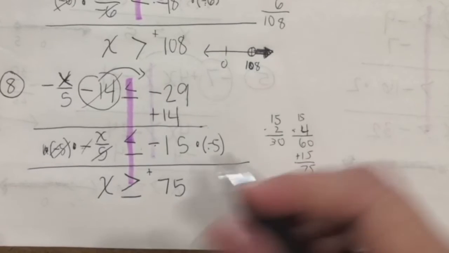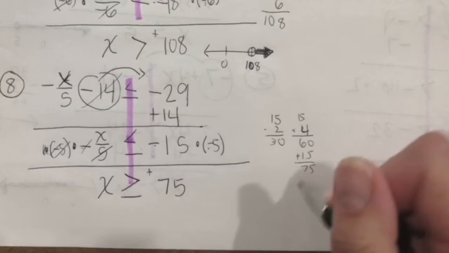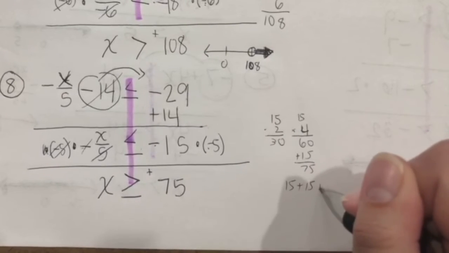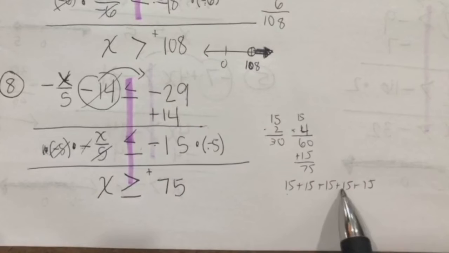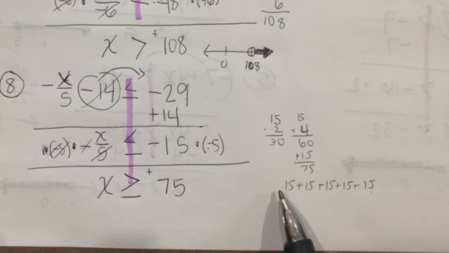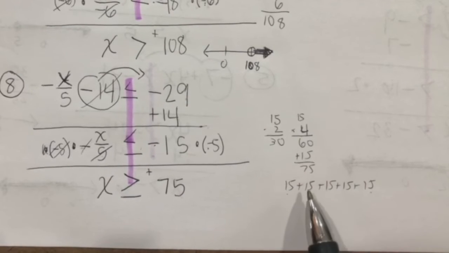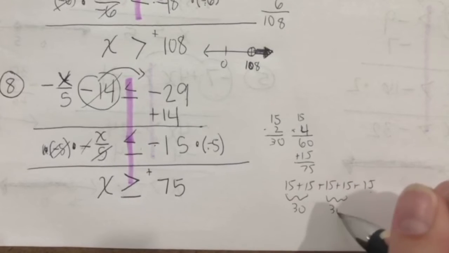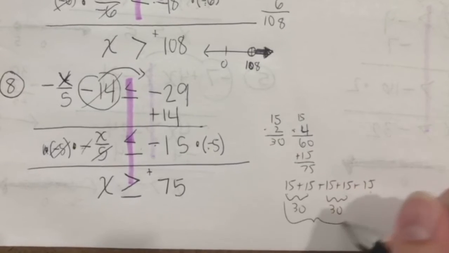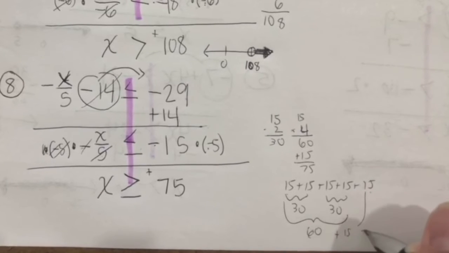So I'm thinking about when I have to do 15 times 5, I'm thinking about it like this: 15 plus 15, until I have 1, 2, 3, 4, 5 15s being added together. 5 sets of 15. 2 of them are 30, so 4 of them would be 60, and then I just need to add 1 more to that to get 75. So there's another way of thinking about how I did it in my head.